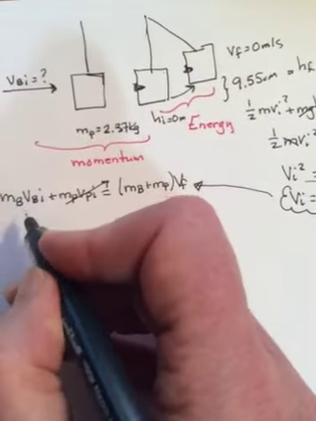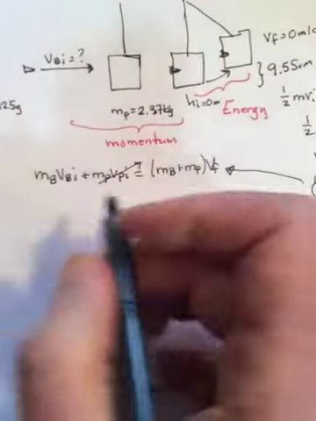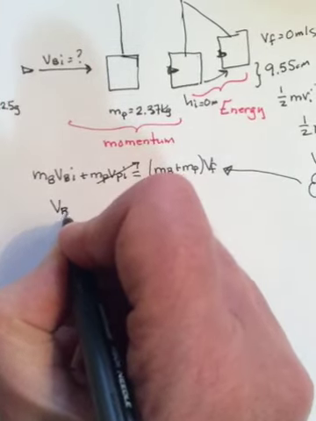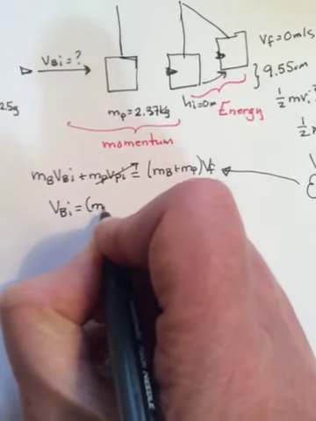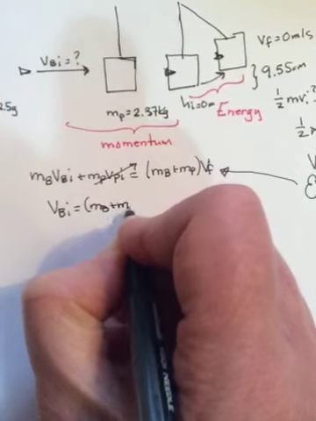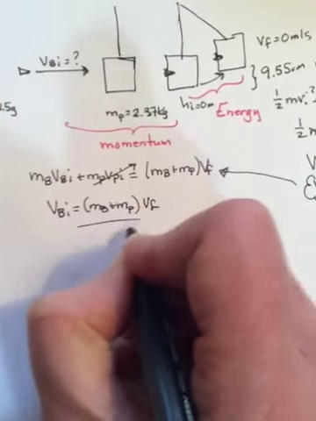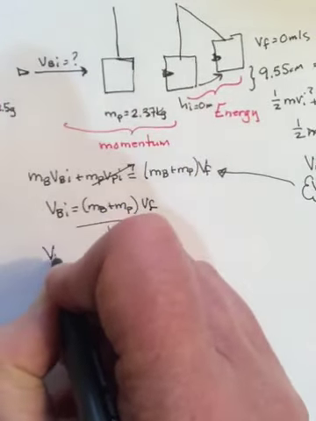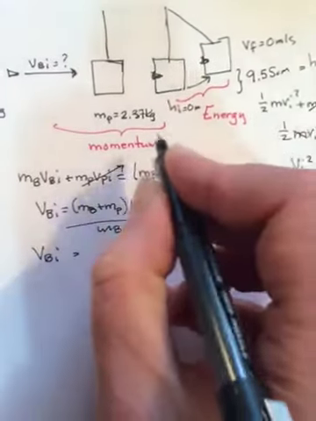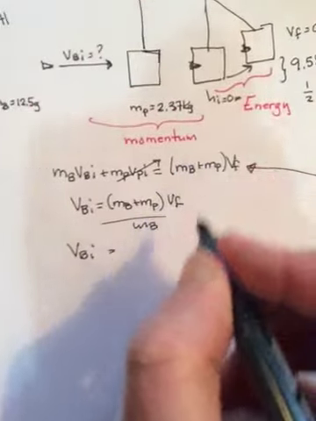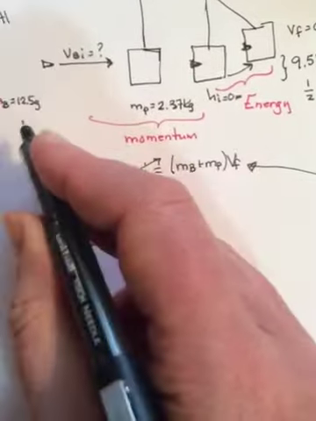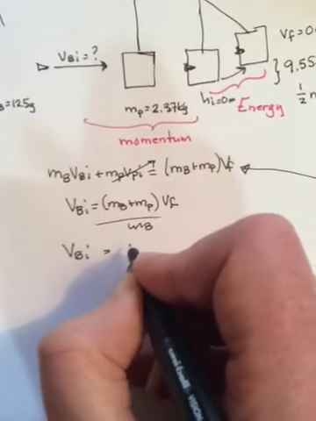So we now have our Vf, so we can now find the initial velocity of the bullet. It'll be m of the bullet plus m of the pendulum, times Vf, divided by m of the bullet. The units have to be consistent, kilograms and grams, so I'd switch the bullet into kilograms.